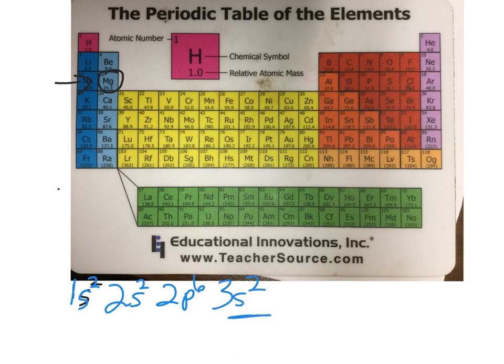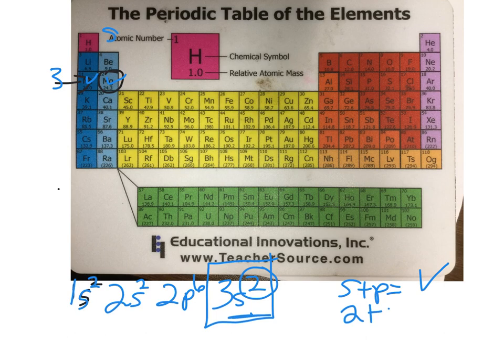Okay, and this is where it ends, right? Because you're in the third energy level, you're in the S section, and you're on the second square. This is your last energy level. So remember, it's your S plus P that gives you your valence electrons. Here your S is 2, and there is no P, so it just stays as 2.